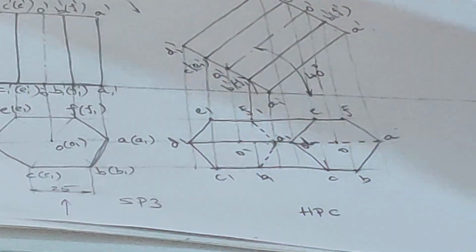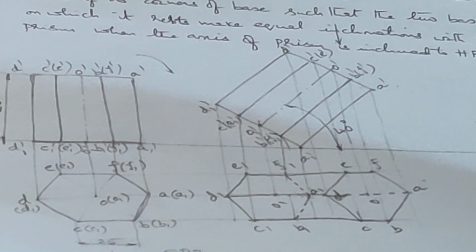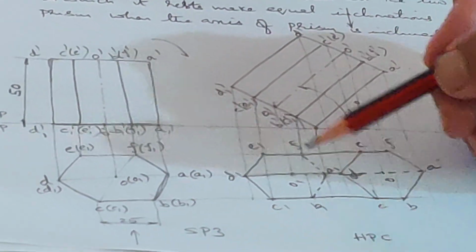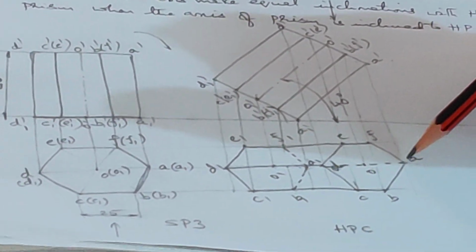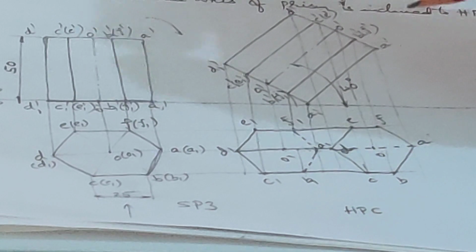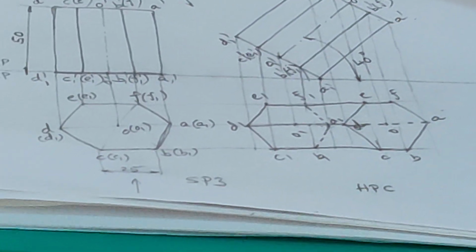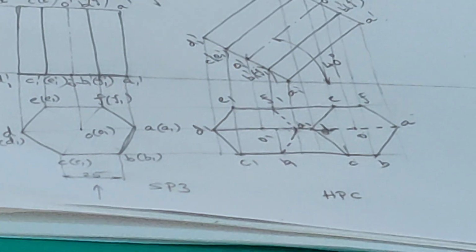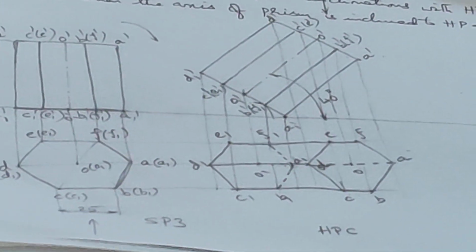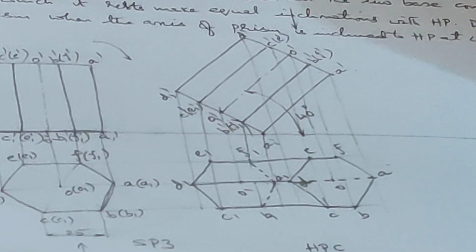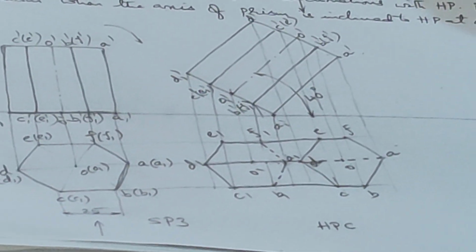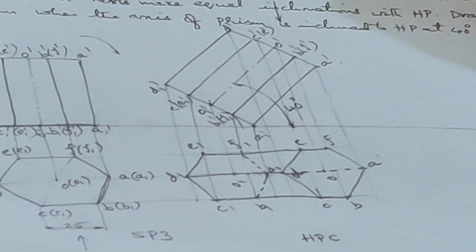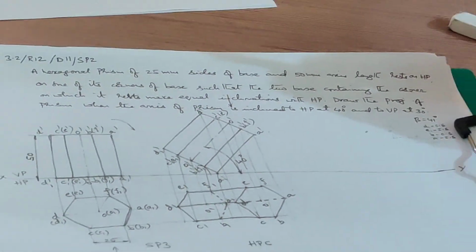They are all in the same line, one below the other. So only one edge is visible to you, DD1. AA1 is invisible. The axis is also in the same line. The axis is an imaginary line, so you cannot show it as visible or invisible anytime. It's always an invisible line. So this is the second step where you satisfied the HP condition. We'll break here and come back for the third step.